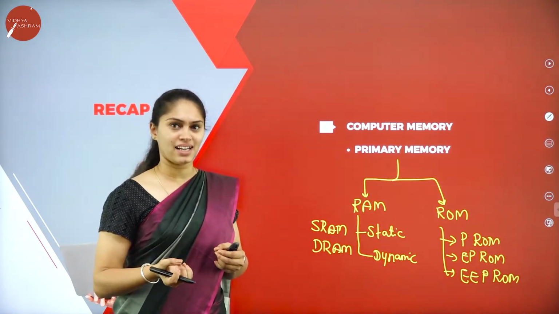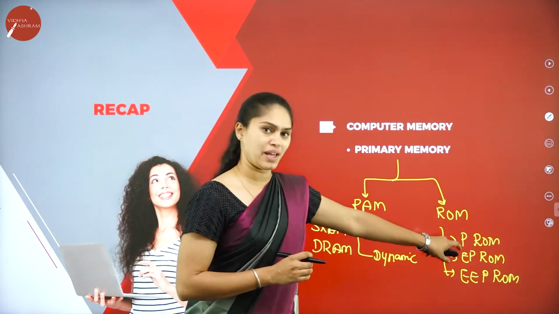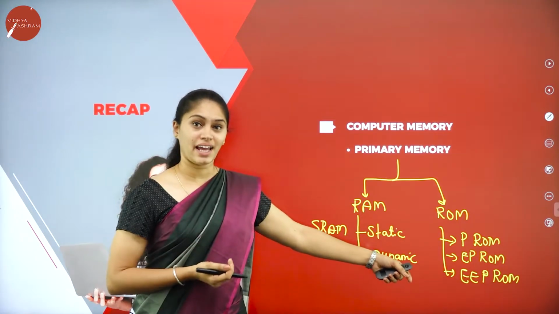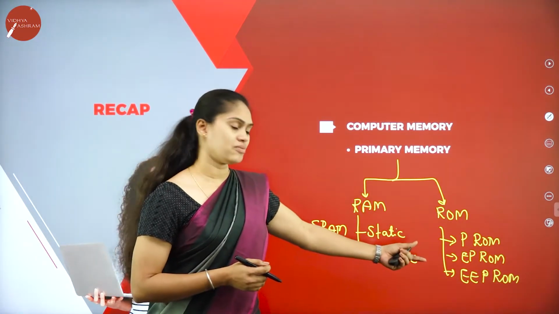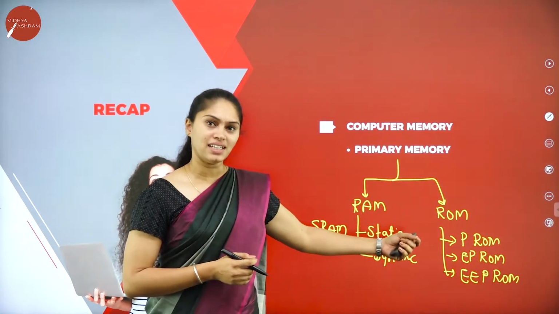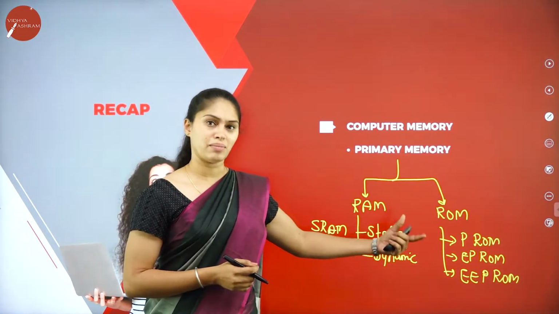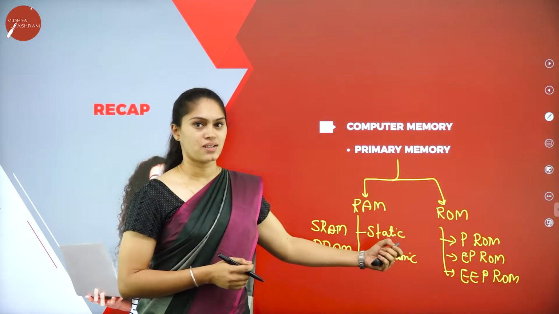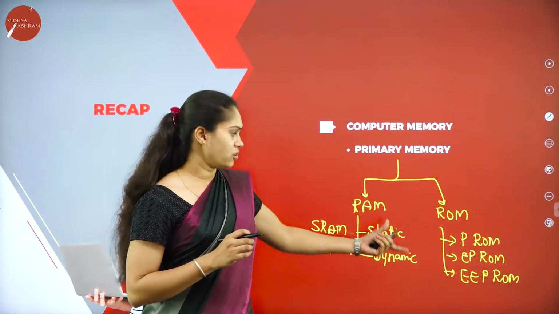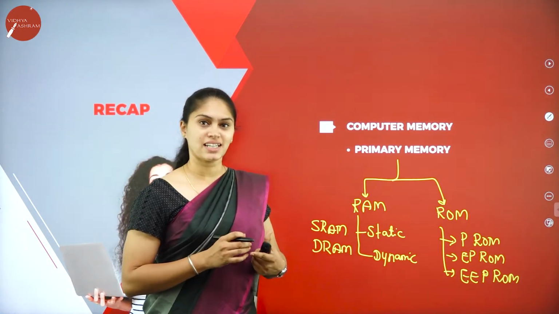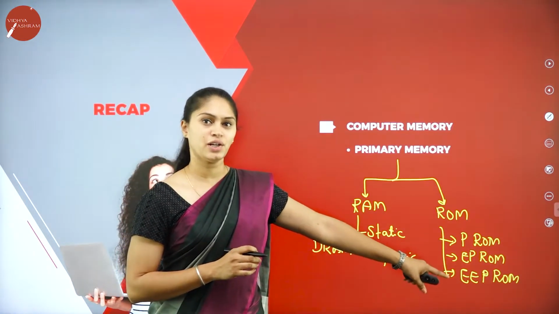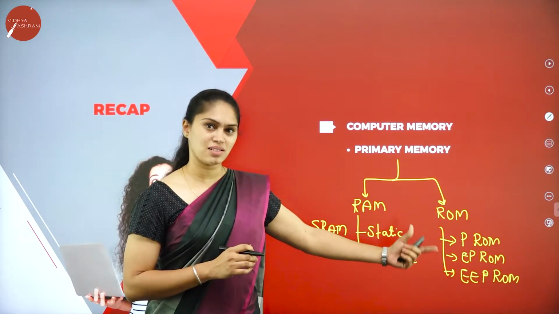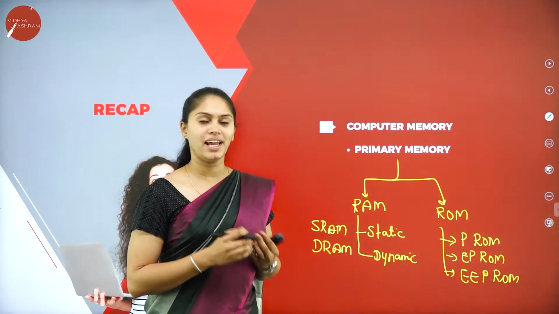Once the data is written into PROM, it cannot be erased, but it can be read as many times as we require. But when it comes to EPROM, we can erase the data by making use of UV rays, right? By giving UV rays, we can erase the content. Then what we have at last is EEPROM, electrically erasable programmable read only memory.